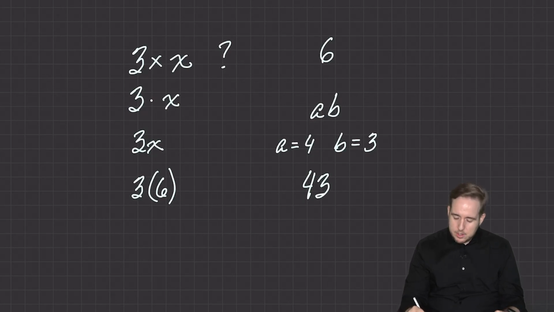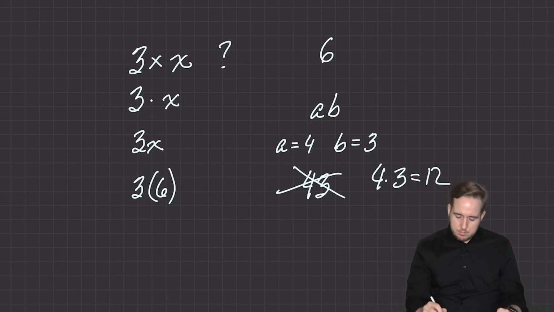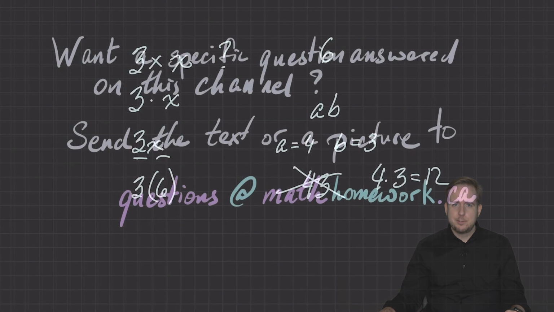But actually, no, it's 4 times 3, which is 12. So just something to keep in mind. It's one of those things where you might not necessarily be able to guess that that's a convention, but once we tell you, okay, fine, kind of makes sense. So 3 of something and 3 times something is basically the same thing. So that's how substitution works, and I think we're getting close to finding out what an actual polynomial is. So see you soon.